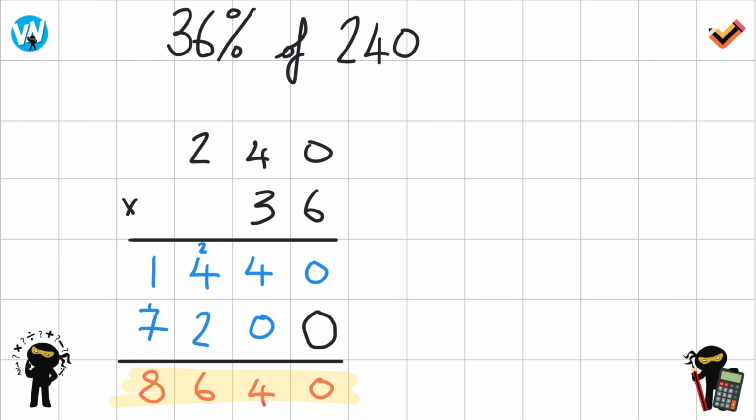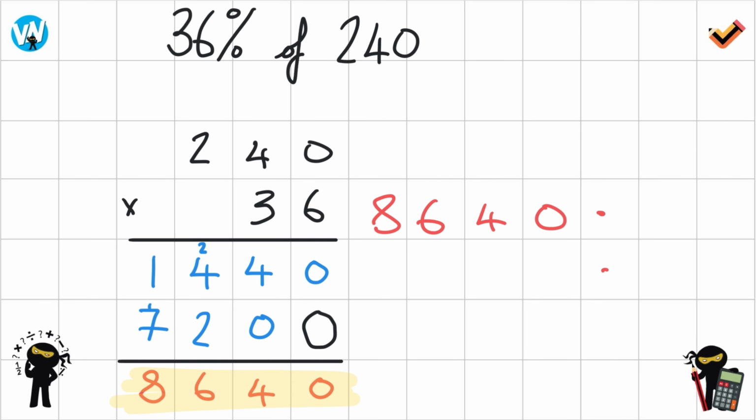we need to divide by 100. I'm going to run out of space, so I'm just going to do it here in red so we can see it. So we've got 8, 6, 4, 0, decimal, decimal, and the same principle. Everything's going to move 2 spaces to the right. So the 8 is going to be in this column, and then everything is going to follow on.